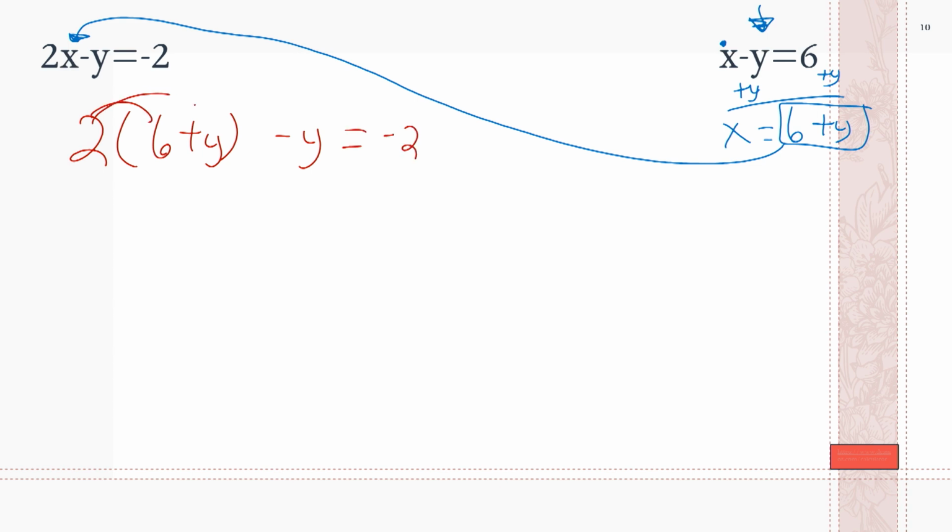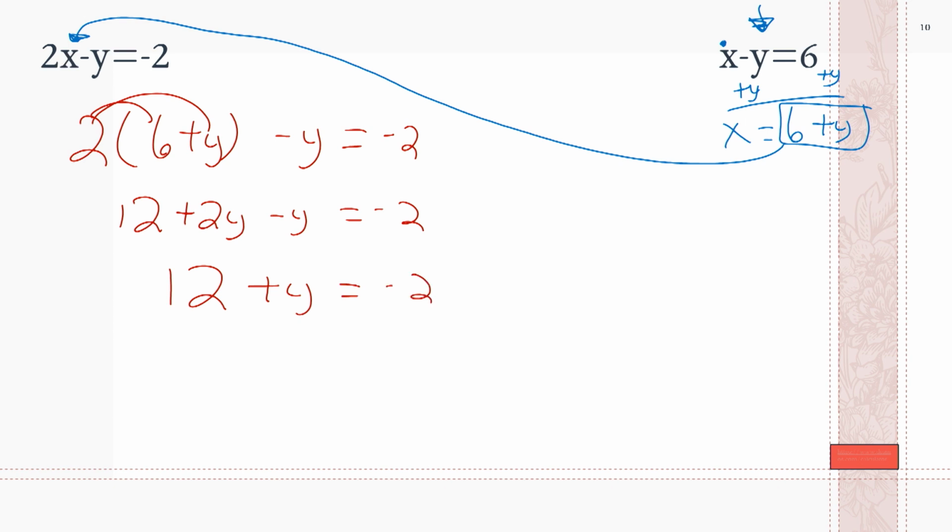I'm going to distribute: 12 plus 2y minus y equals negative 2. Putting my like terms together, 12 plus y equals negative 2. I am going to subtract 12 on both sides. So y equals negative 14.